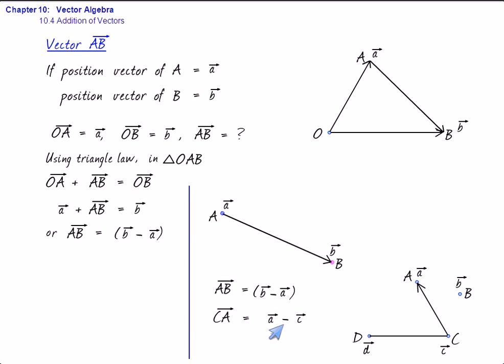What is the terminal point here? C. What is the initial point? D. So it will be C minus D. That is what I want to teach you: if you know the position vectors of certain points, you can work out the vectors along the segment joining the two.